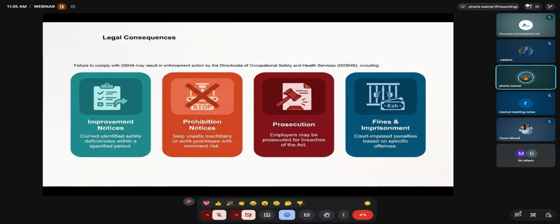Number one is the improvement notice, which is to correct and identify safety deficiencies within a specified period. Then prohibition notices, where you're told to stop the unsafe work or processes that may cause imminent risk. If you're not able to comply with the first two, there's always a potential for prosecution, and you'll be prosecuted using the OSH Act of 2007. At the end of the day, if you are found guilty, you may face fines and imprisonment.